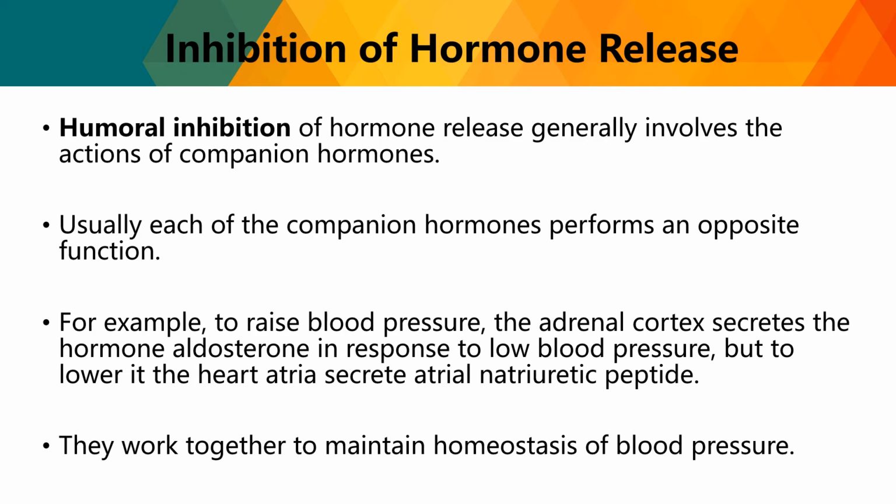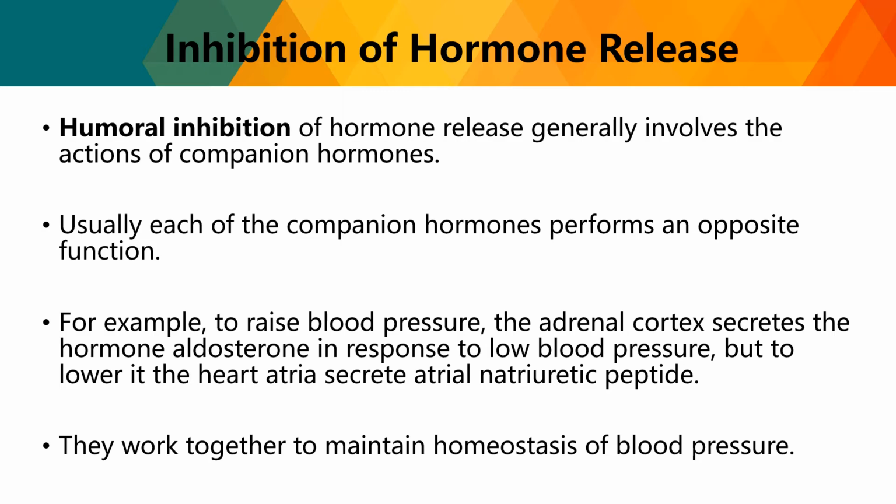So, ibig sabihin, kina-counteract niya or ina-stop niya yung function ng isang hormone na yon. Okay, that's the function of your opposite hormone. So, for example, to raise your blood pressure, the adrenal cortex secretes the hormone aldosterone in response to low blood pressure. Okay?